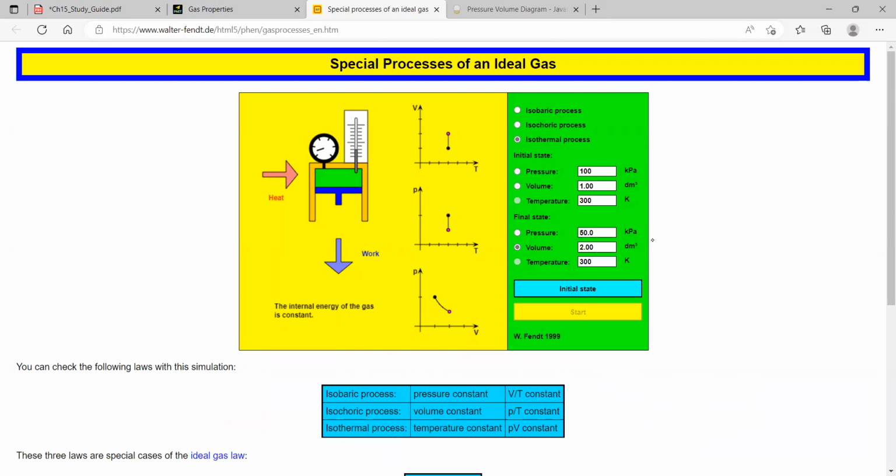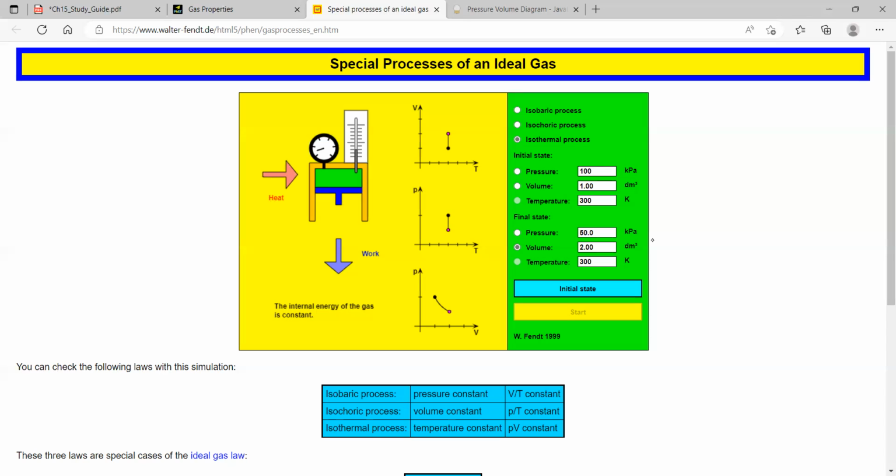This arrow tells you that heat is entering the system. So when heat is entering the system, you will see that this piston goes down. Piston goes down means the gas inside is working on the piston. Okay, so all the heat is basically converting into the work.